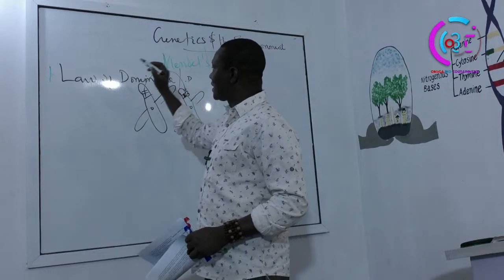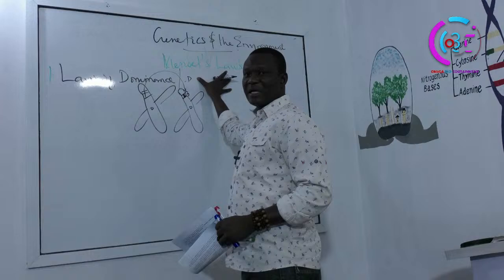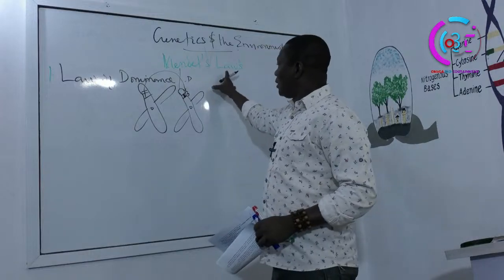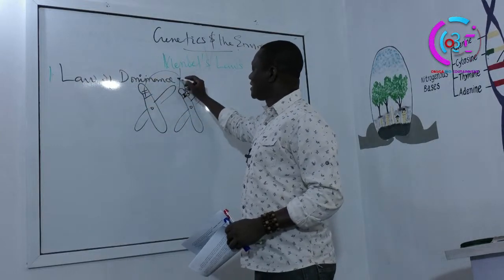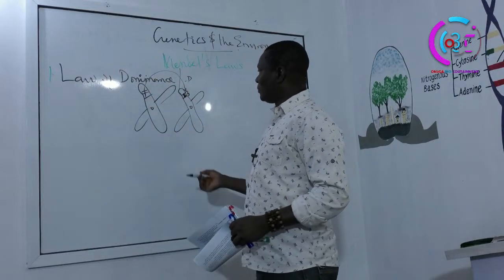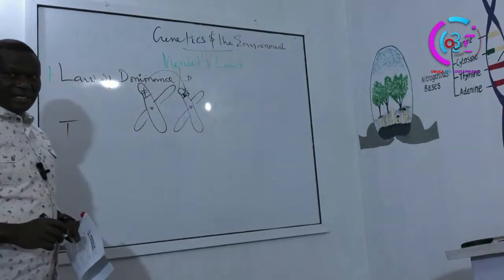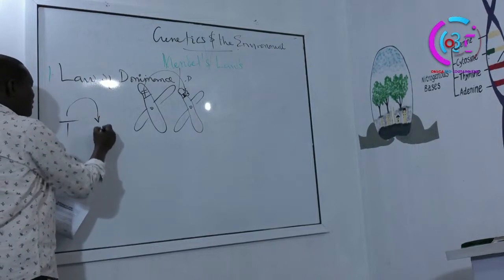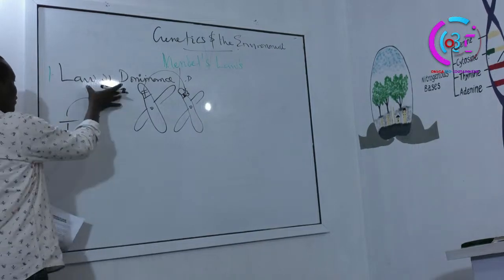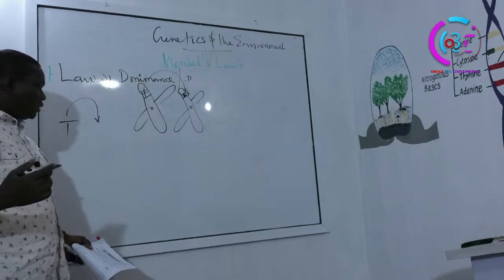Basically, all the laws of Mendel are centered on the law of dominance. So, if there are two contrasting traits that cannot fulfill the law of dominance, that means Mendel's law will not be applicable.